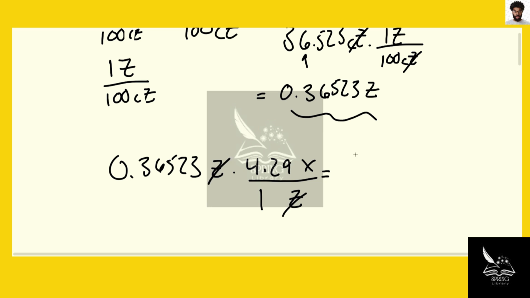Letos will cancel, and now I just need to do this math on the calculator: 0.36523 times 4.29. I get 1.5668 nicholsons.